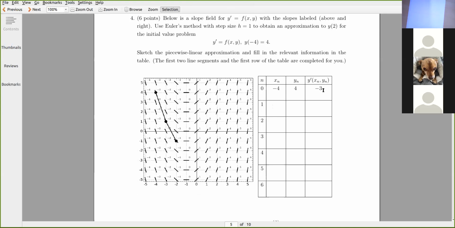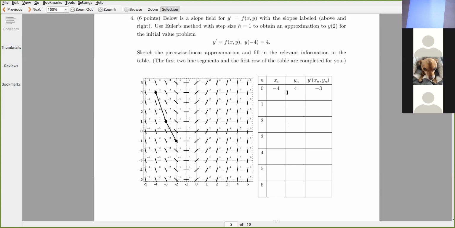On the quiz, I think most people were pretty good at this. So you kind of just have to remember the algorithm for Euler's method. And the one on the exam could be something similar to this, where we're just asking you to list out a sequence of points that would come up with an approximation.